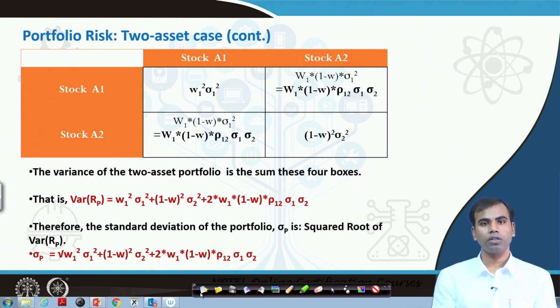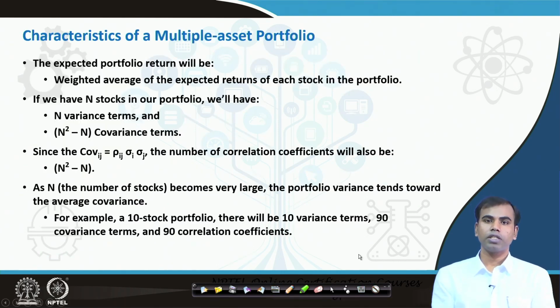Before we wind up the technical method tools for calculating portfolio risk and return, we should highlight the expected return on the portfolio is basically weighted average rate of return of individual assets, and if we try to calculate risk on a portfolio of n assets, we will have n variance terms and n square minus n covariance terms.